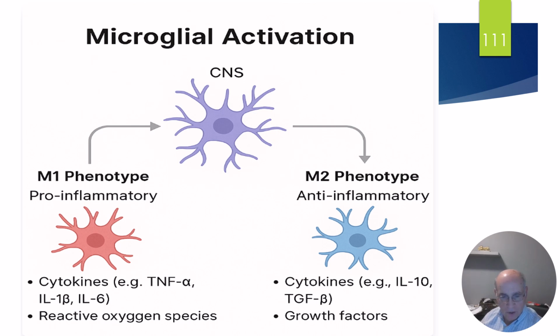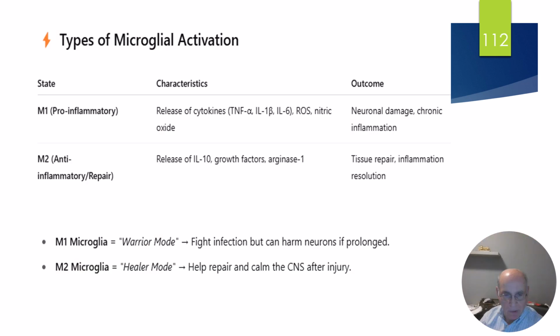So I have to go back and fix this slide. M2 state, which is anti-inflammatory, and the proper cytokines like TGF beta, certain growth factors, and IL-10 will be produced to act as an anti-inflammatory response.